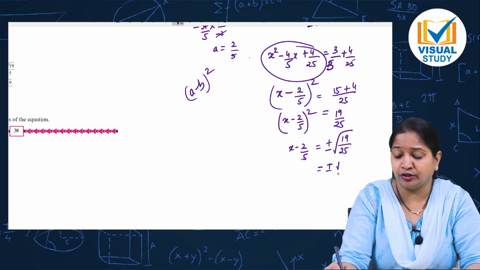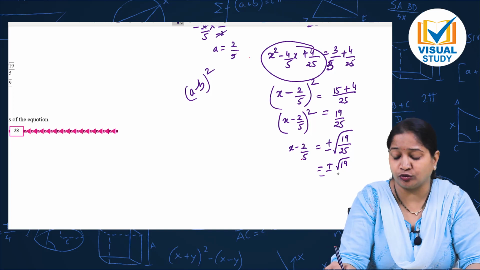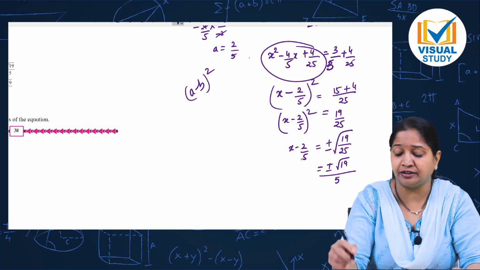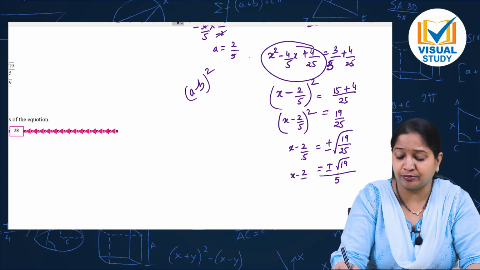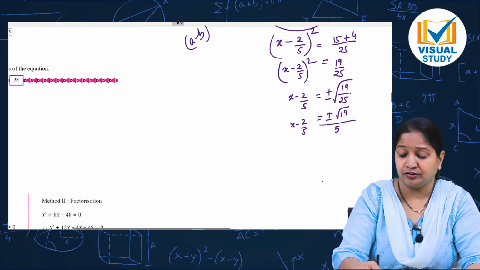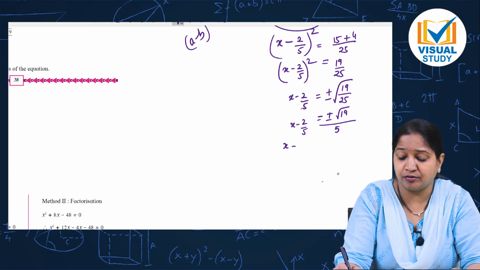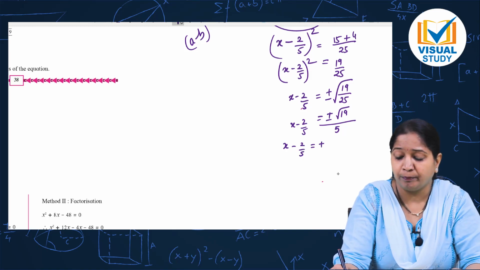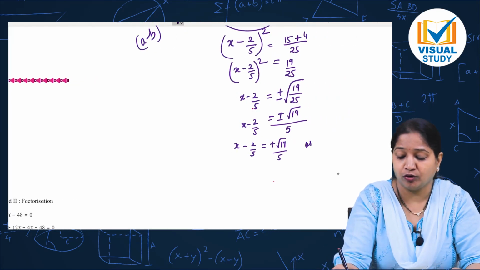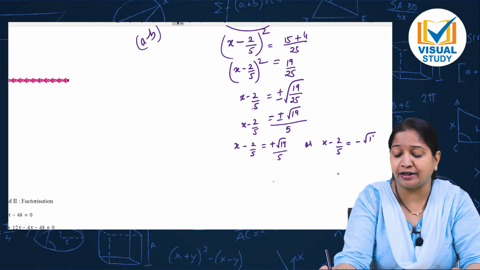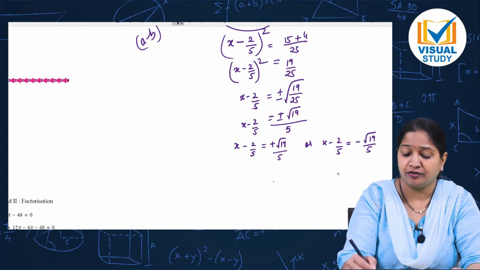Here you will not get any square root of 19, so keep 19 as it is and you get 5. So x minus 2 upon 5, now what will be your final answer? That is x minus 2 upon 5 equal to plus root 19 upon 5, or x minus 2 upon 5 equal to minus root 19 upon 5.